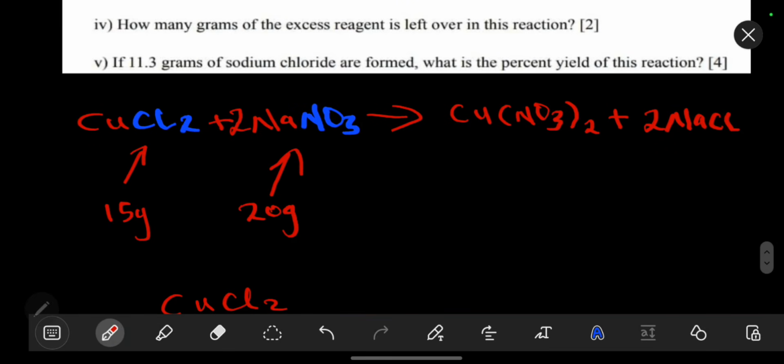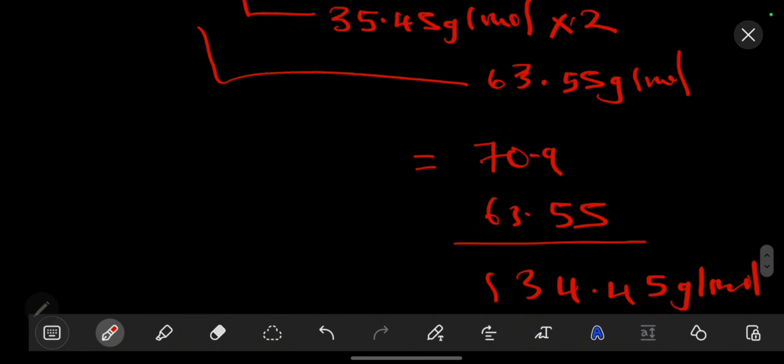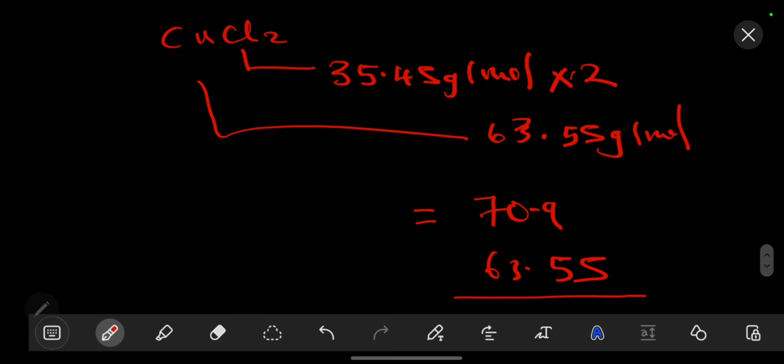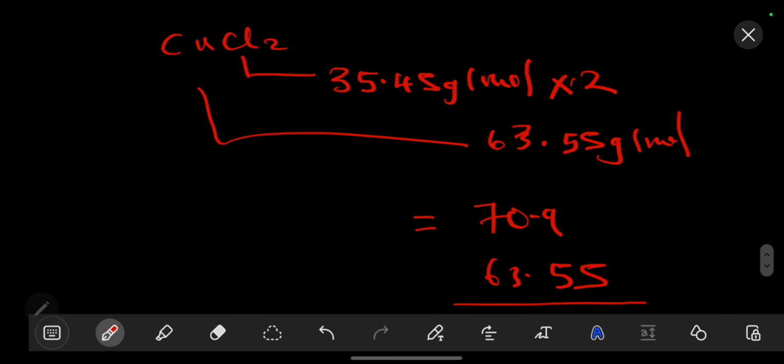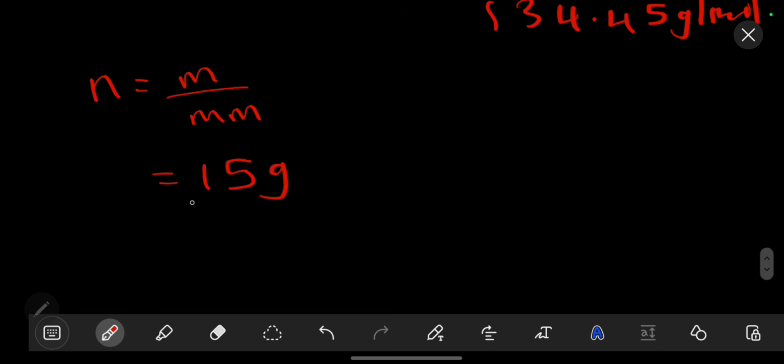So that is very, very important information. It doesn't matter what number is here, you just consider one thing. So let us find the number of moles. The number of moles is equal to the mass over our molar mass. Our mass, according to that, is 15 grams. We divide by our molar mass, which is 134.45 grams per mole.